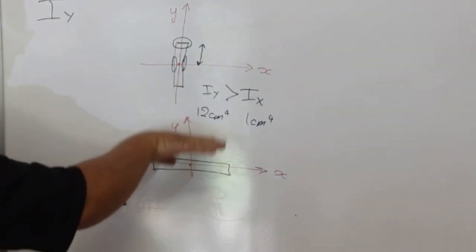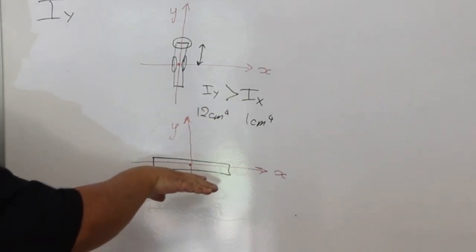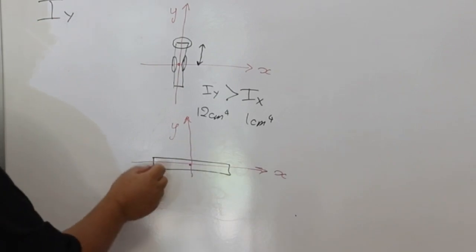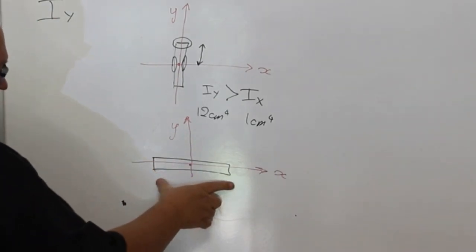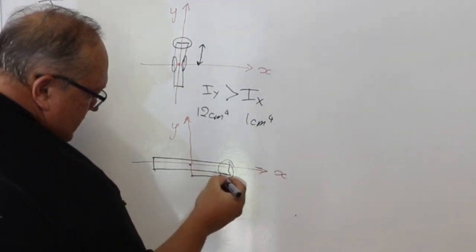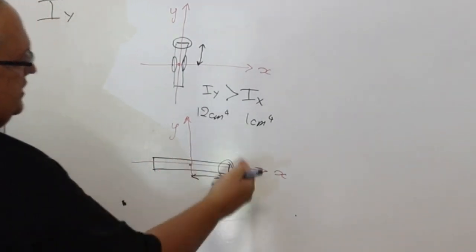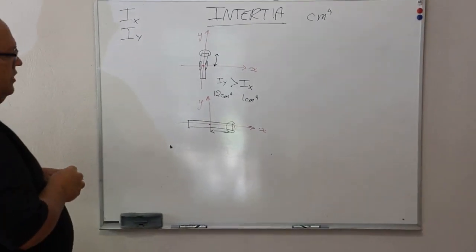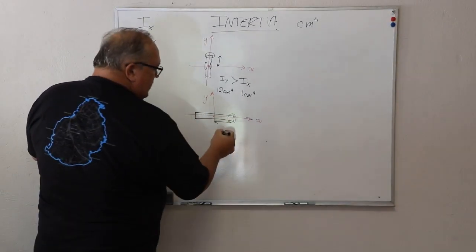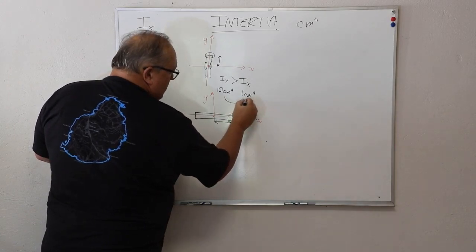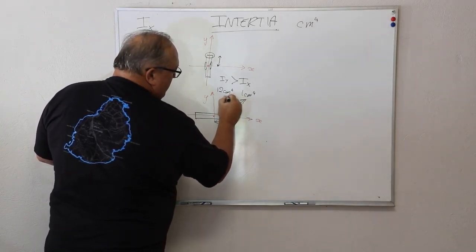So this profile is weak in the vertical direction, which means if I hold it out like that, it's going to droop. Whereas now in my horizontal direction, my material is nice and far from the axis, so it has greater strength in that horizontal direction. So in this situation, what actually happens is that my Ix and my Iy values swap around.